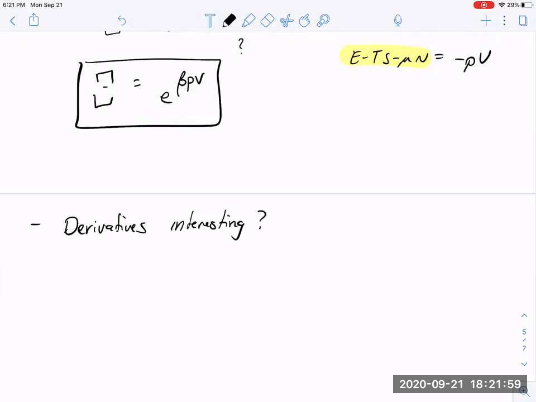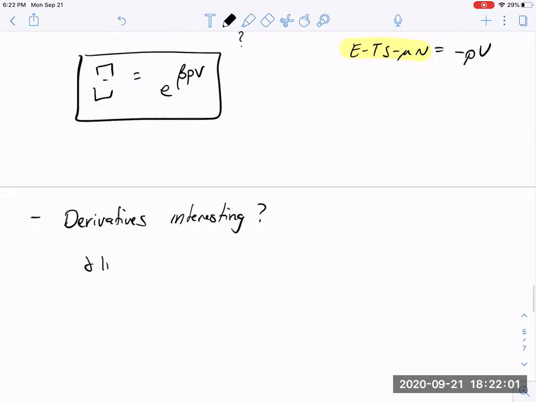Absolutely. If you take a first derivative of log of the grand canonical partition function with respect to beta mu, one of the variables it is a natural function of, and hold the temperature and volume fixed, let's see what we'll get. Derivative of log through the chain rule gives us a factor of 1 over that function.